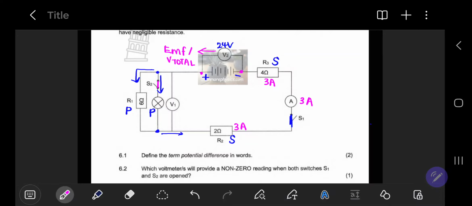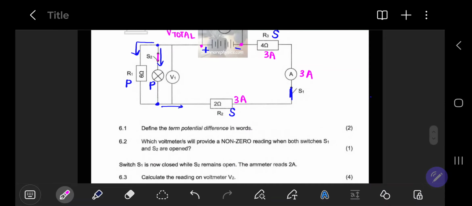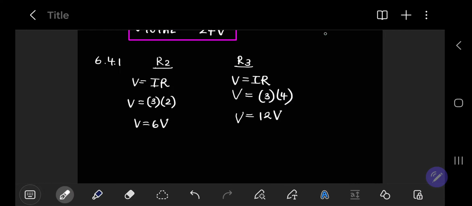And we should be able to minus those values from 24 to get V1. Now what we know about voltage in a series circuit is that it is divided among the resistors, meaning that the voltage that R2 and R3 experience will not be the same. So let's start off by getting the voltages for each one of those, R2 and then R3.